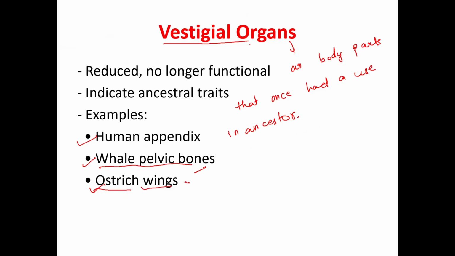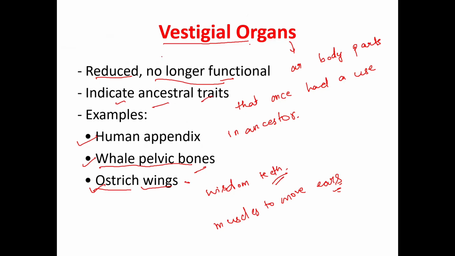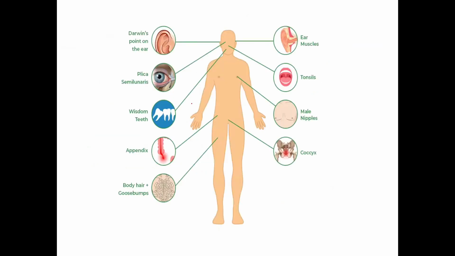Another example is wisdom teeth. The muscle to move the ear, no need for this. So these are reduced forms, no longer functional, indicating ancestral traits. So these organs are called vestigial organs, right? Look at the vestigial organs, Darwin's point on the ear.